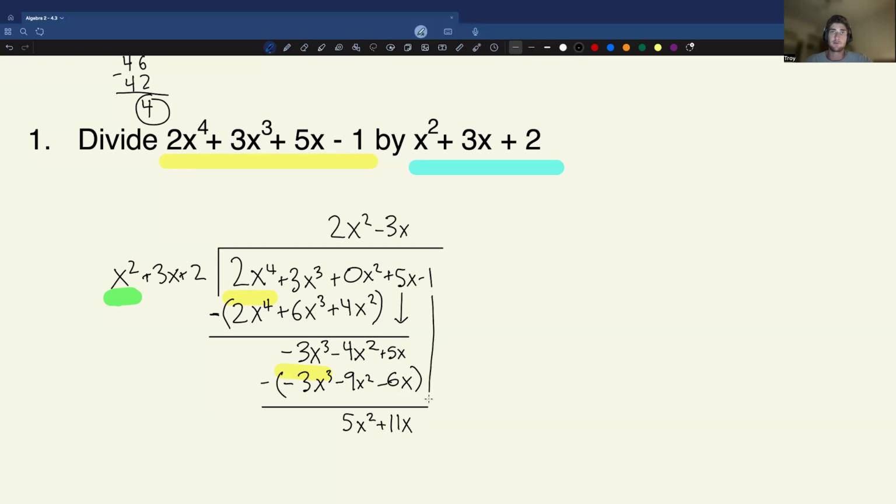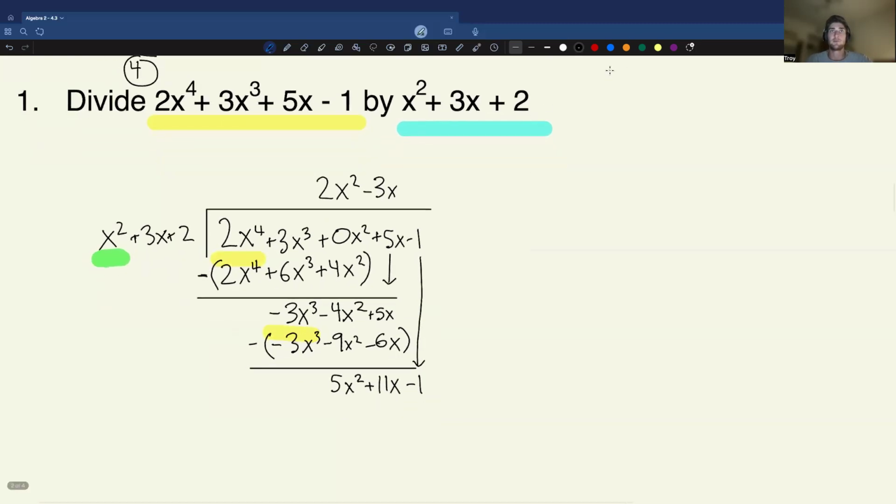And now we're dropping this one all the way down, or this negative one, right? So minus 1. Okay, let's keep going until we reach our remainder. So now we have to go into x squared into 5x squared. Well, we have enough x's, but we can still multiply our green by 5. So here we'd say positive 5, so plus 5. Multiply it out. That gives us 5x squared plus 15x.